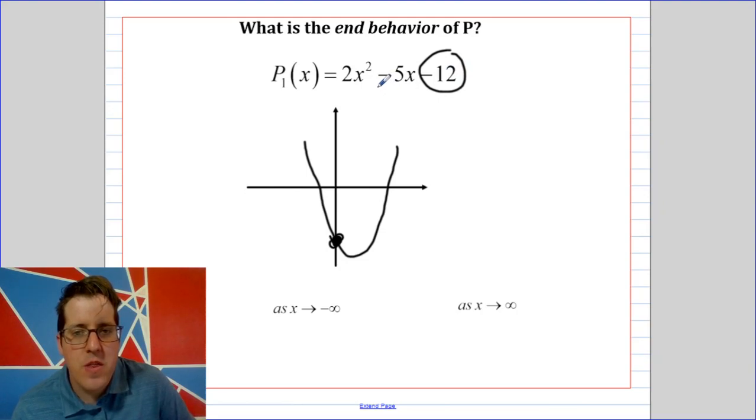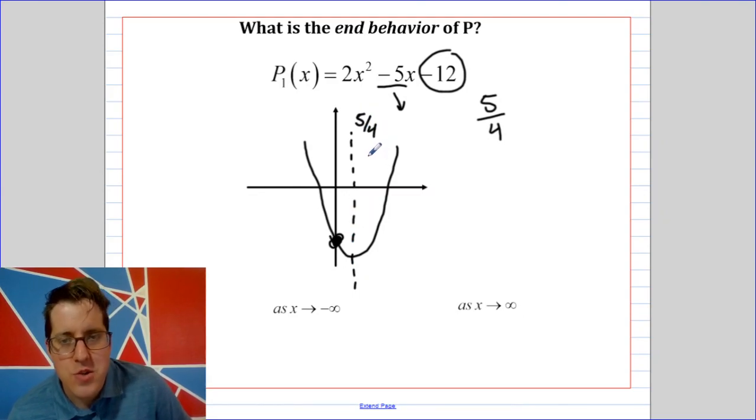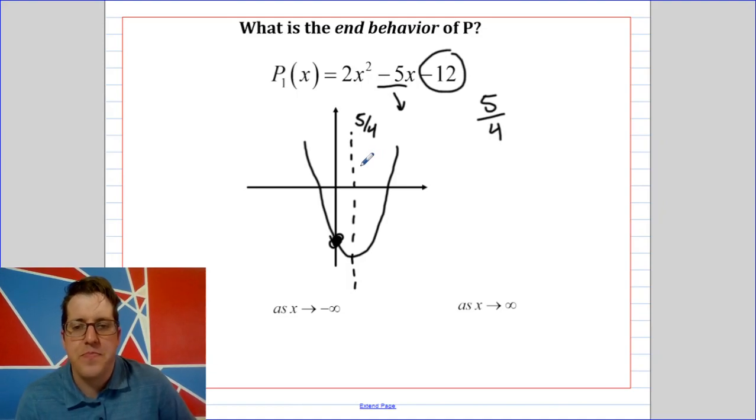And then remember that this value tells us that the graph is decreasing through that y-intercept, or opposite of b over 2a would tell us that the axis of symmetry is 5/4. So that's a quick sketch of what that graph would look like.